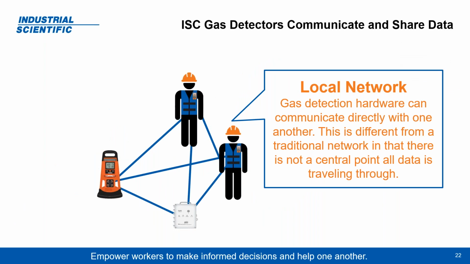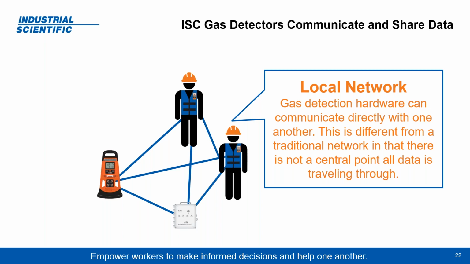When we talk about communication between teams and we use these monitors, they're equipped with a radio that sets up a wireless mesh network between the instruments and allows those instruments to communicate together in a way that they can share readings between devices, they can share alarms between devices.